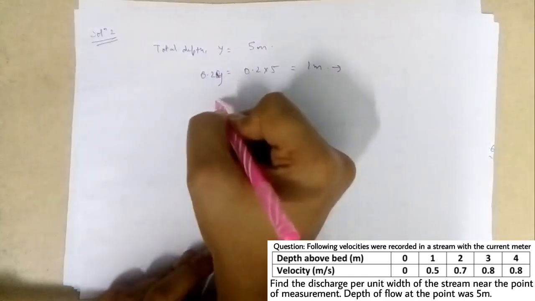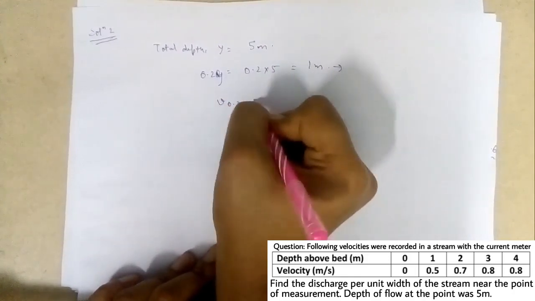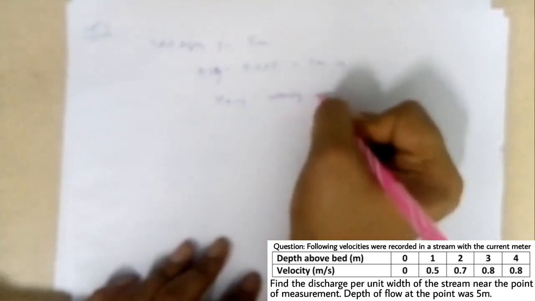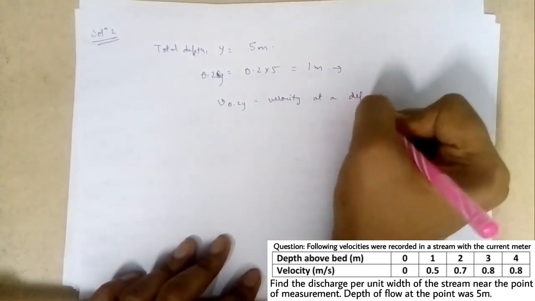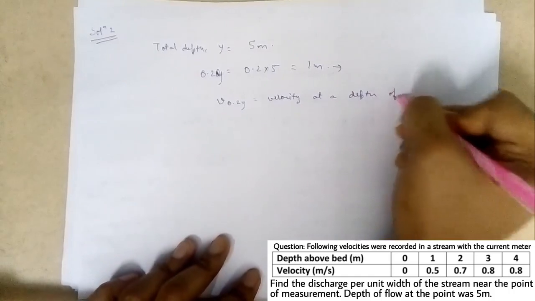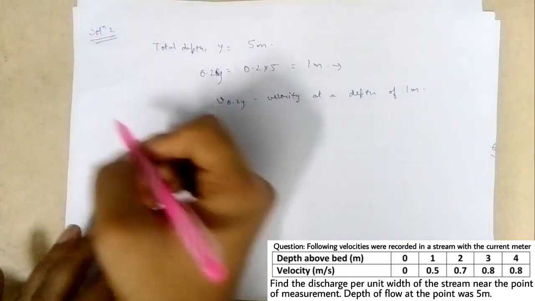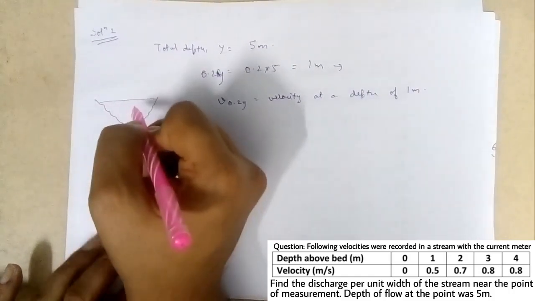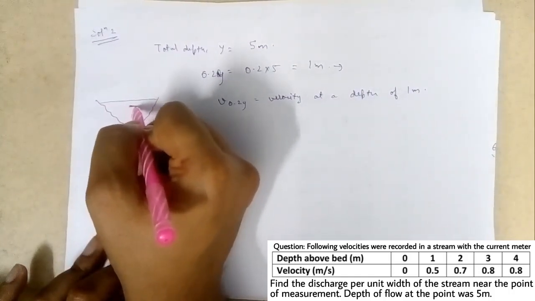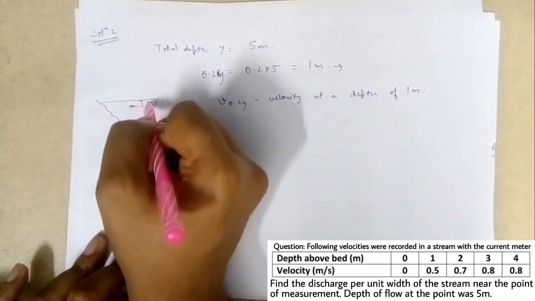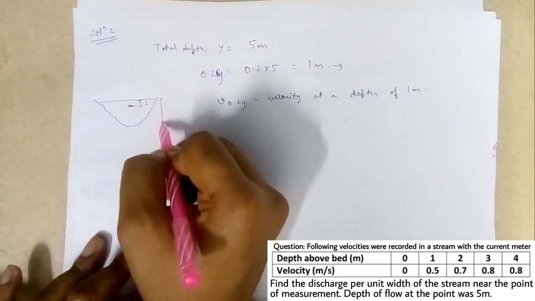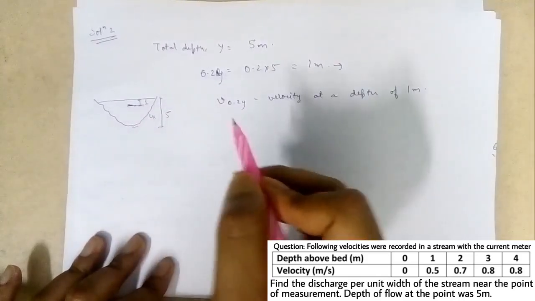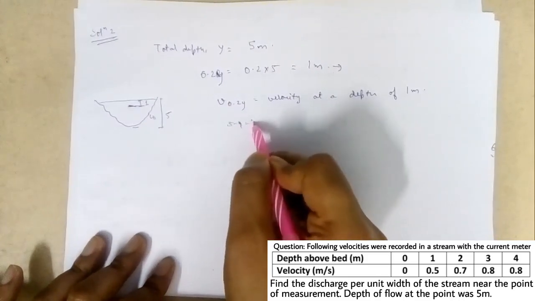So the v 0.2y is equal to the velocity at a depth of 1 meter. If this is my cross section of the stream and I am interested to find the velocity at a depth of 1 meter, and the total depth is 5 meter, then it is actually 4 meter above the bed, right? 5 minus 1 is equal to 4.